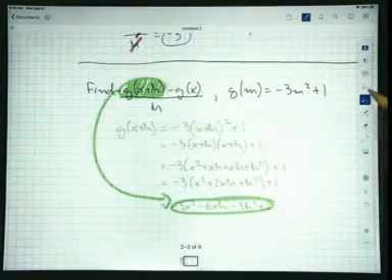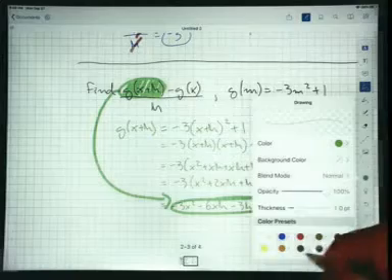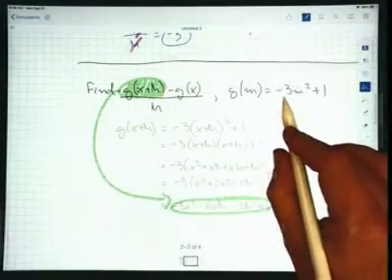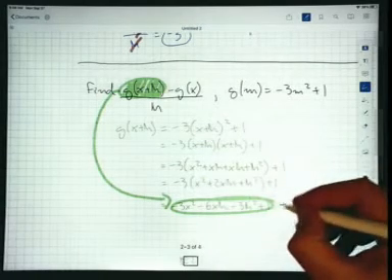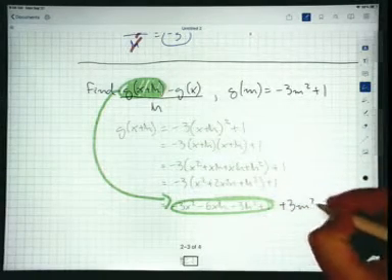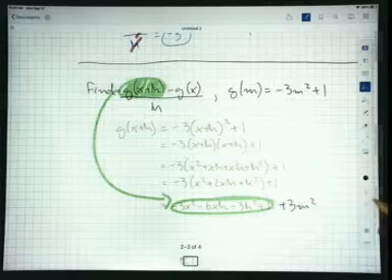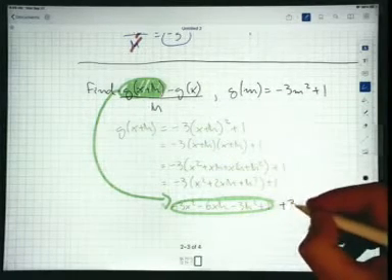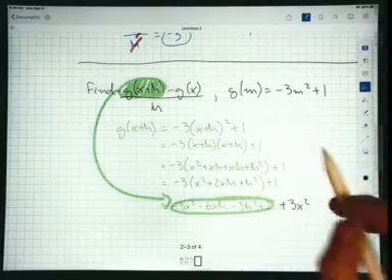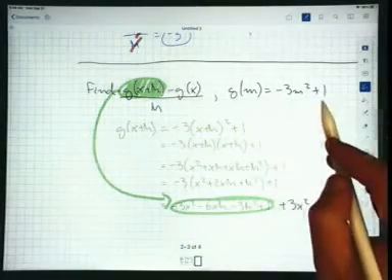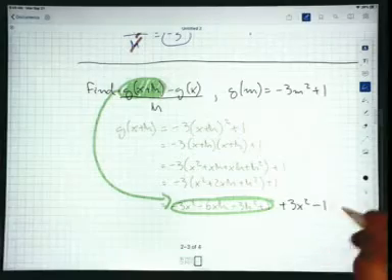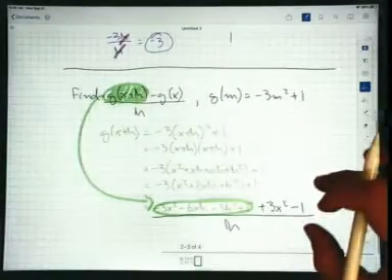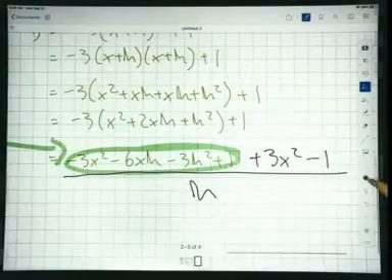Now, to shorthand our work here, subtract g of x. So minus the negative 3m squared is going to be the same as plus 3m squared. Or, since it's g of x, we need to make sure that's an x. Plus 3x squared. Minus a 1 is going to be the same thing as negative 1, all over h. Again, things start canceling out.